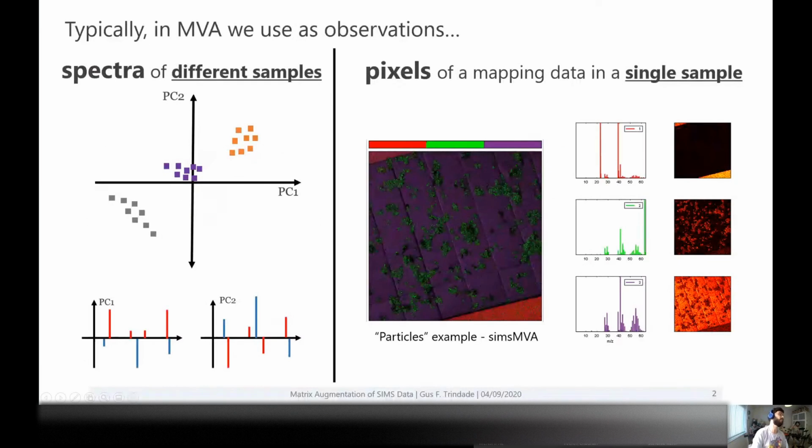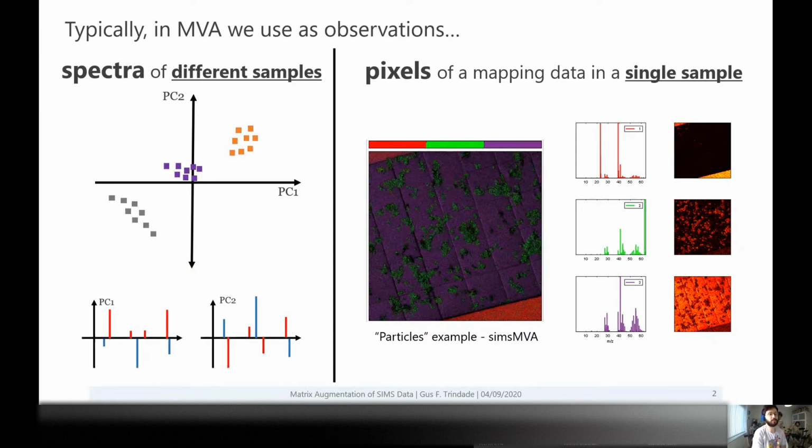So in MVA, typically, as we spoke last time, I gave a seminar here on the MVA general overview. We use observations when we're talking about spectra. We do spectra of different samples, and then we do PCA, NMF, things like this. When we're doing mapping or imaging data sets, we treat the pixels as observations, and most times we just use it from a single sample.